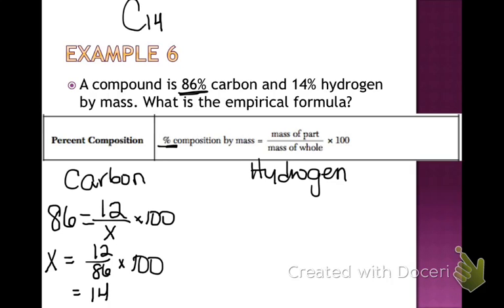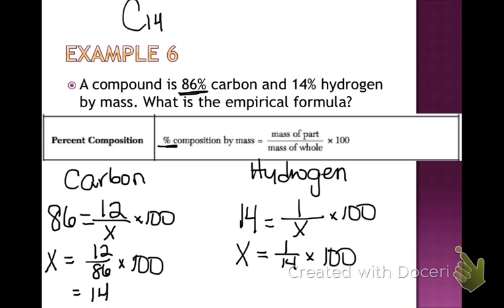Let's do the same exact thing for hydrogen. Go ahead and pause me while you do that formula for hydrogen. Right, hopefully you paused me and figured it out on your own. You have 14%. The mass of hydrogen is 1 over our unknown times 100. When we get x by itself, we have 1 over 14 times 100.